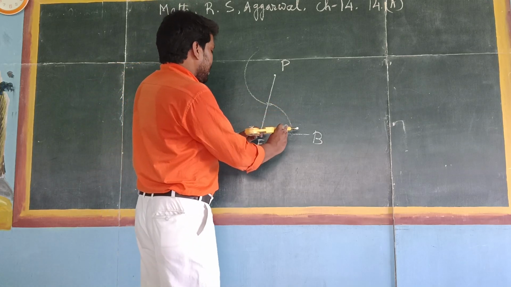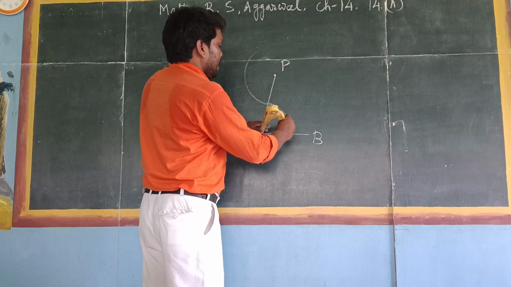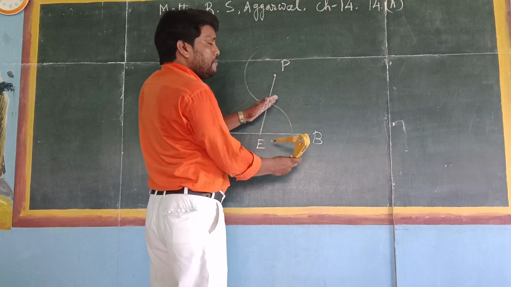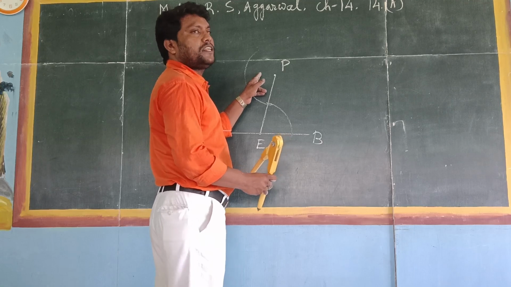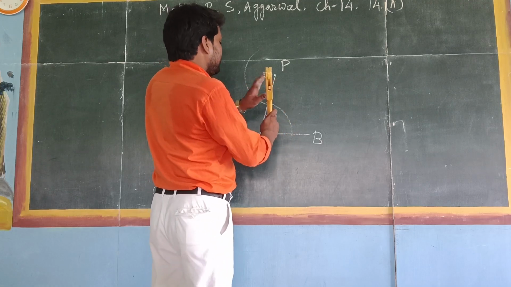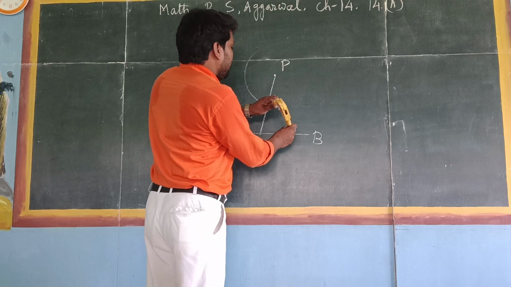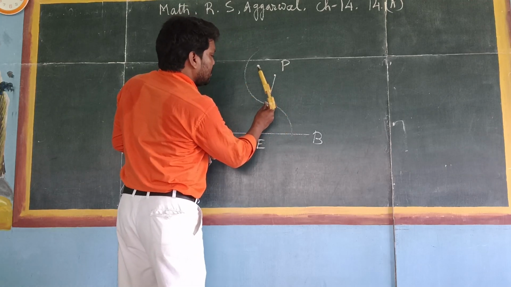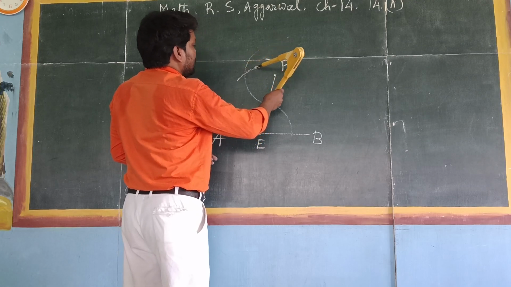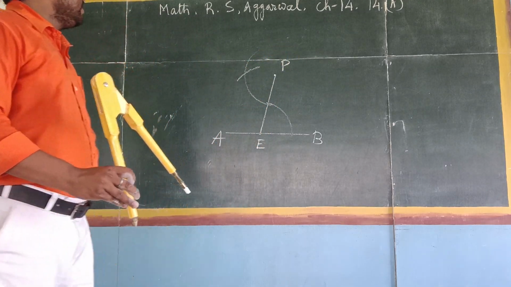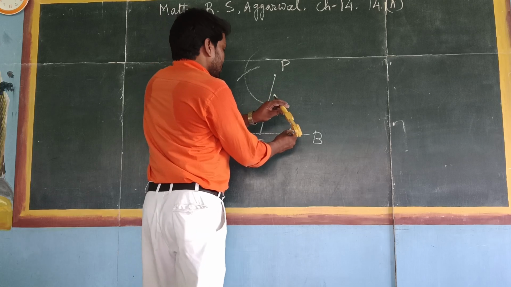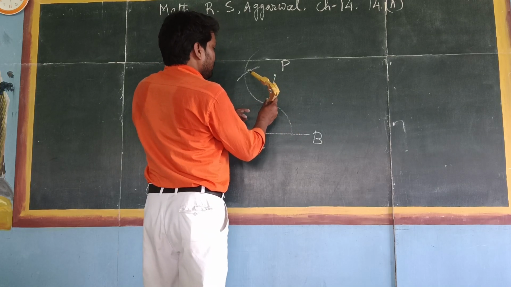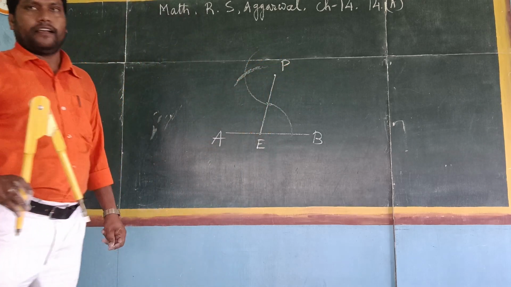So at first I have taken an arc from this and drawn from the point P. Just I am copying the angle as alternate. Then measure this opening part very carefully, and from this intersecting point cut here. Okay. Then join with the scale.